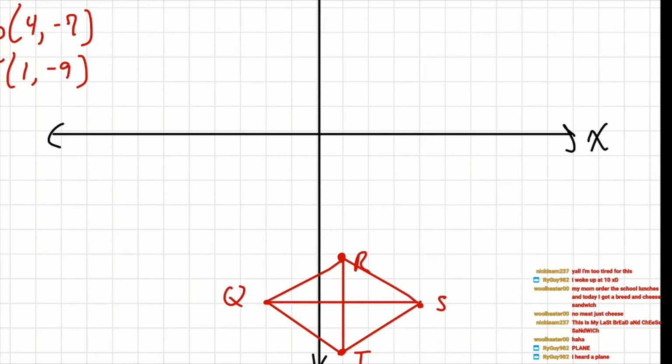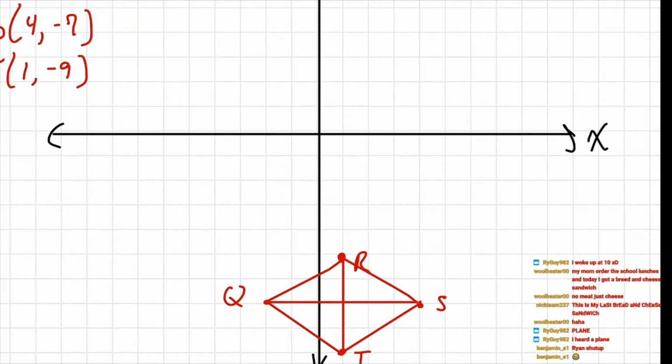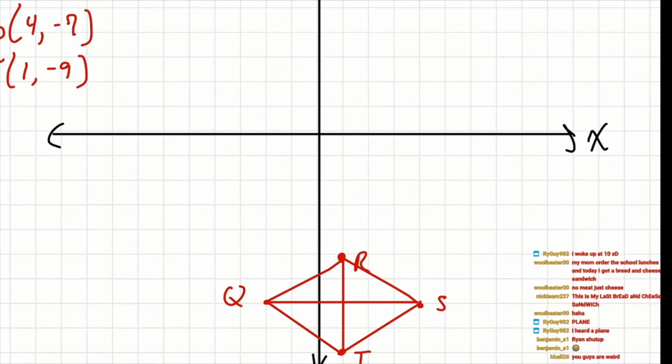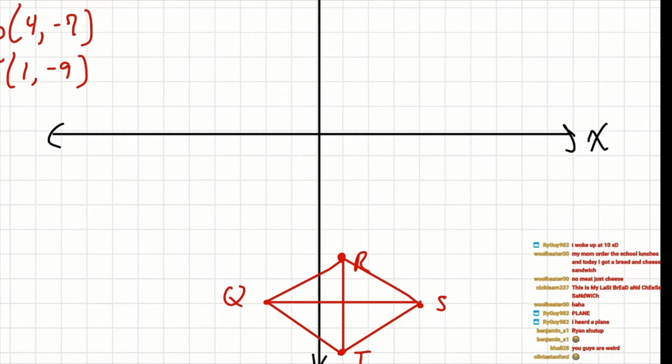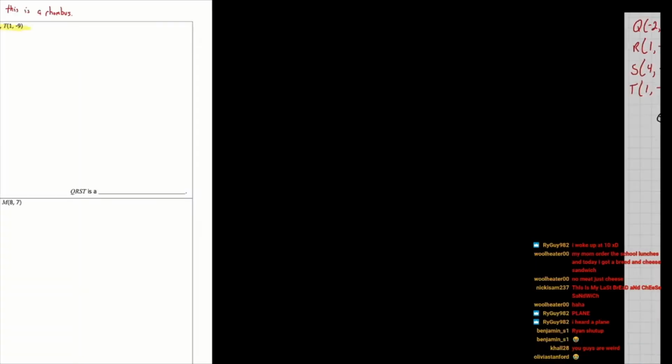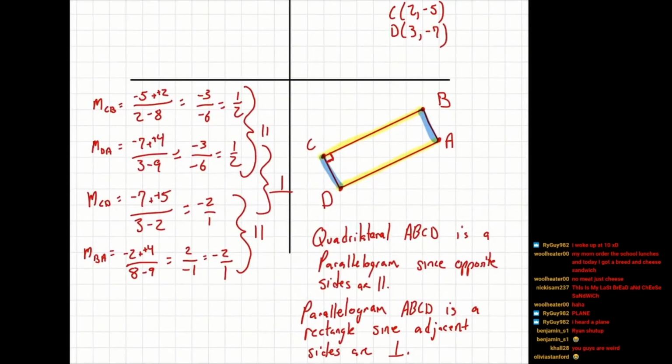You'll notice with the rhombus, one thing that I'm going to do is draw in the diagonals, because the diagonals are going to be utilized with this proof. Unlike when we did the rectangle yesterday, we didn't really talk about the diagonals because we didn't need to.